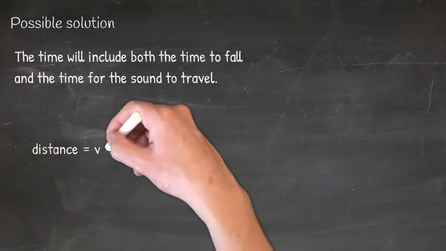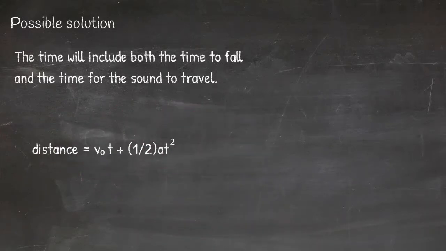We relate distance and time with the one kinematic equation for distance. So let's calculate our fall time first using that equation. Distance is the initial speed times time plus half the acceleration times the time squared. Now in this case, she's going to release the stone from rest, so we can zero out that first term on the right hand side because the velocity will be 0.